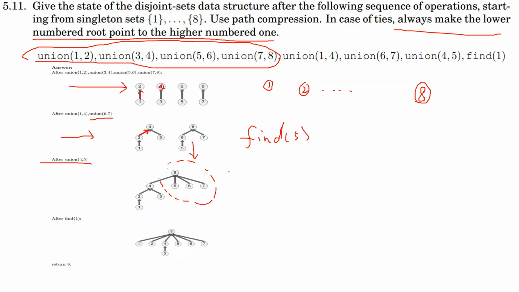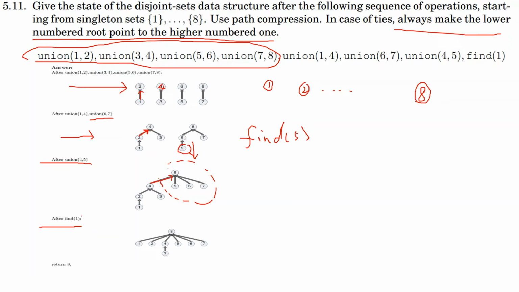Or I think according to the textbook, it doesn't do path compression for this node. So it's okay if you don't have this, just following the textbook. And again, there's a tie, so you have to point 4 to 8.